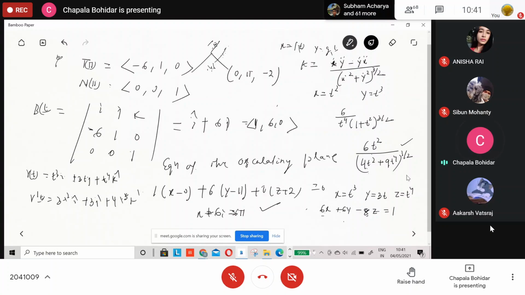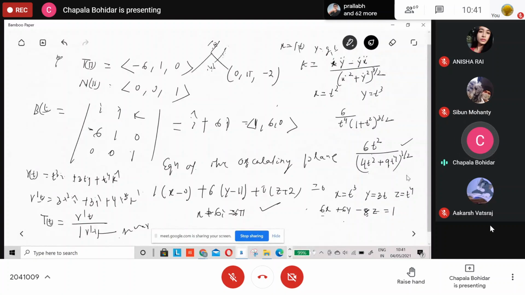TT is equal to R dash T divided by the absolute value of R dash T. The absolute value of R dash T is a scalar, so I can consider the point 3T square, 3 and 4T cube. That is parallel to 6, 6, minus 8, a scalar multiple of this value.